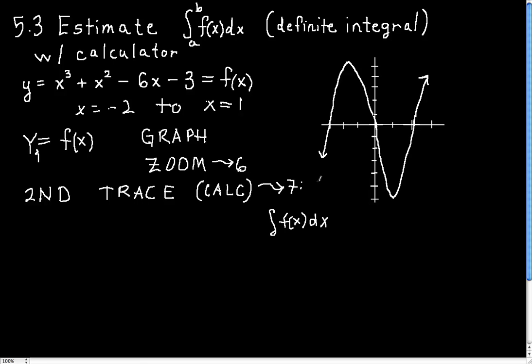And once you do that, it will take you back to the graph, and there will be a question at the very bottom that asks you for the lower limit. Now, what is the lower limit? It's the left endpoint from which we want to take the definite integral.